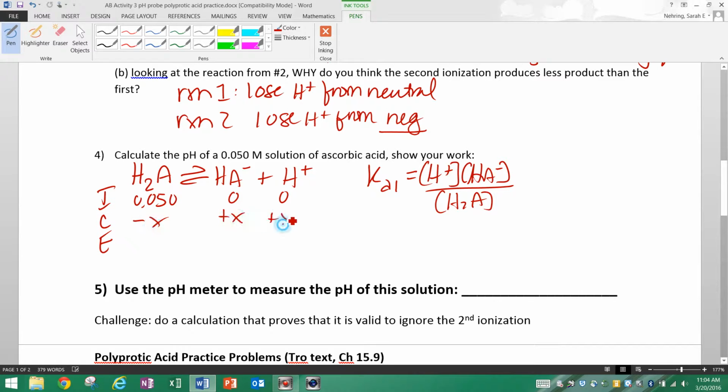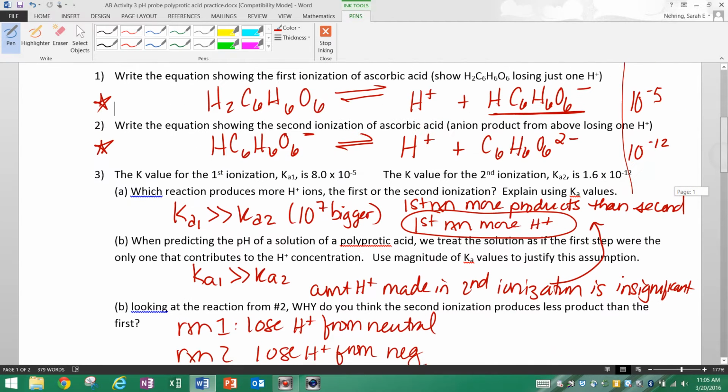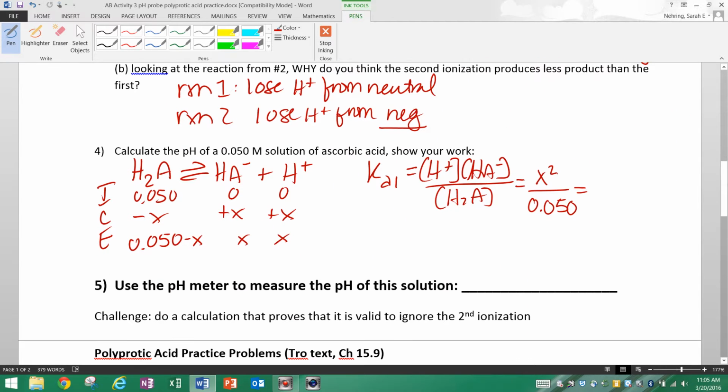So we just go through and do our regular thing, and we're basically just treating this polyprotic acid as if it were a monoprotic acid, because the amount of hydrogens lost from that second ionization is insignificant compared to how much we lost from the first ionization. 0.050 equals, now I gotta scroll up and look at our Ka1 value, 8 times 10 to the negative fifth.